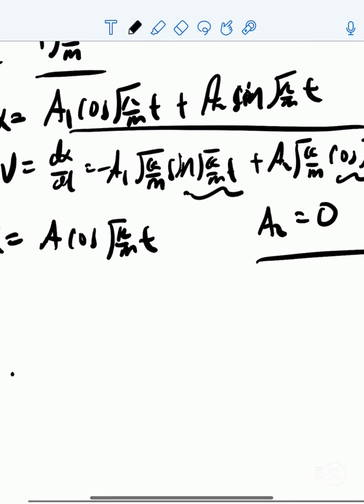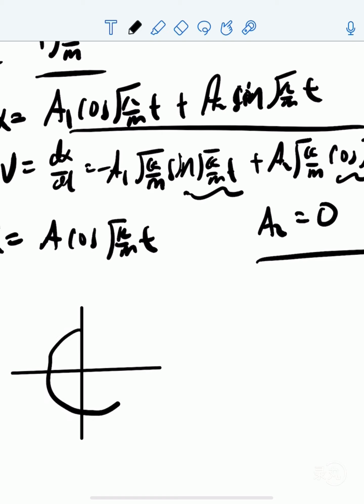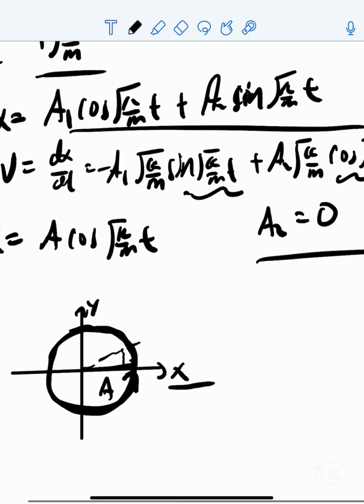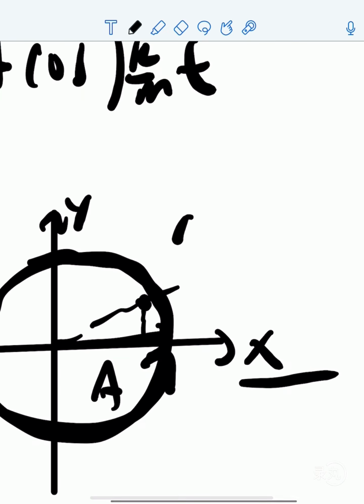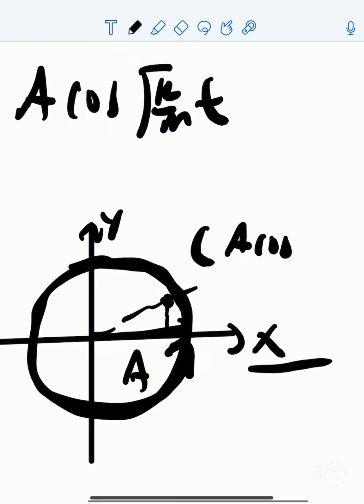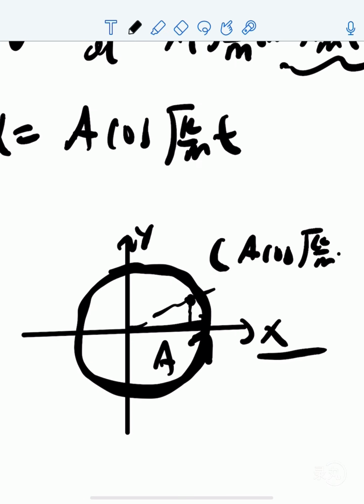We can visualize this by drawing a circle with radius a, just turning and turning. It's a projection onto the x axis, and there's a y. We can describe this point as a cosine(√(km) t) and a sine(√(km) t), just choosing the x component.